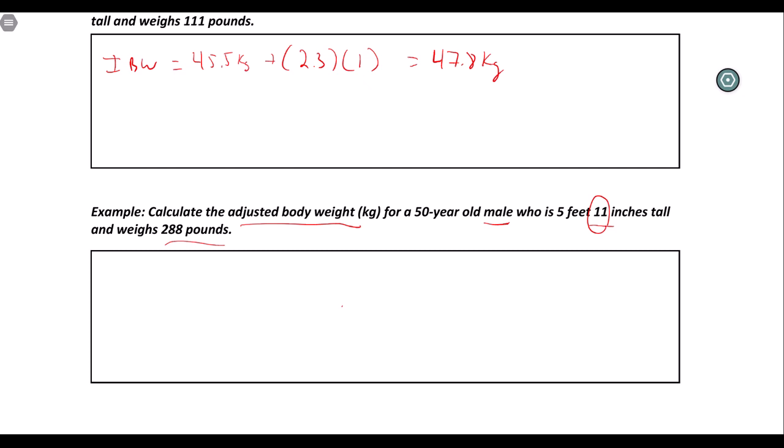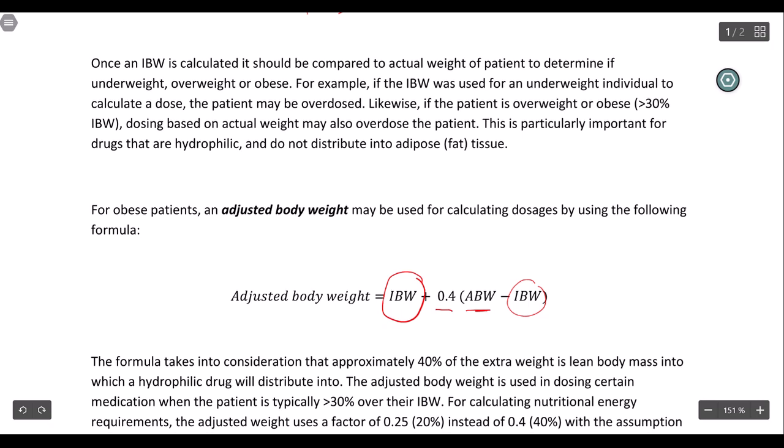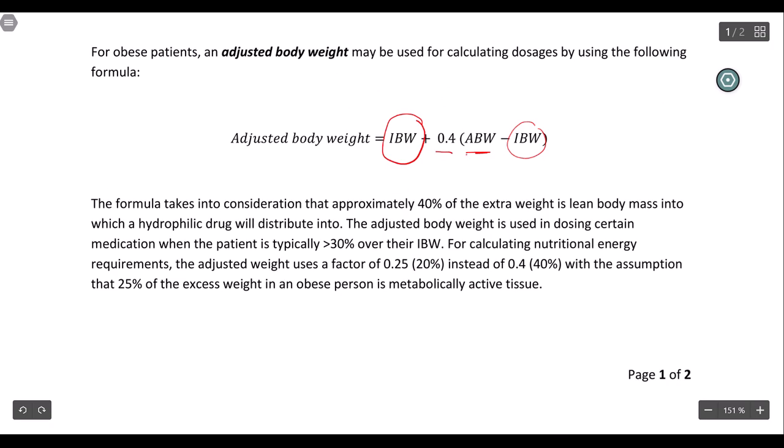So our calculation for ideal body weight, which is where we're going to start, is 50, given from the equation, plus 2.3 times the number of inches over 5 feet. They are 11 inches over 5 feet. This is going to give us 75.3 kg. In the equation that's given to us for adjusted, we now can do an adjusted by taking the ideal body weight plus the difference between the actual and ideal times that 40%.